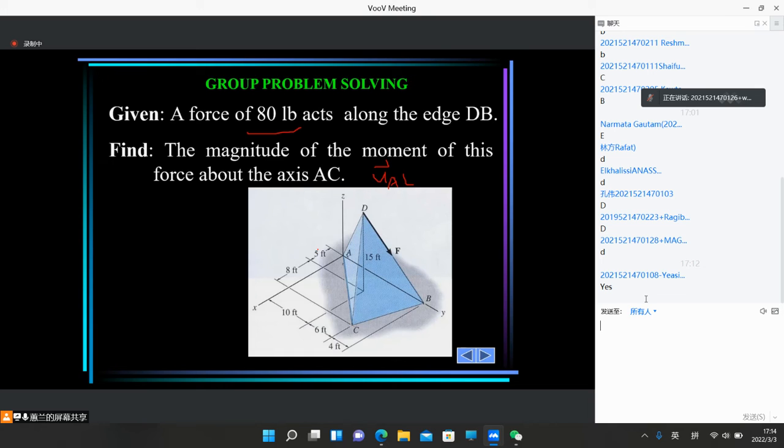Take the coordinates of D, B. Then continue. Coordinate D, B, write it in the Cartesian form.